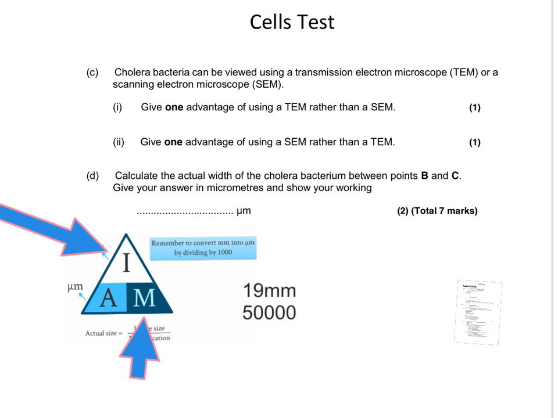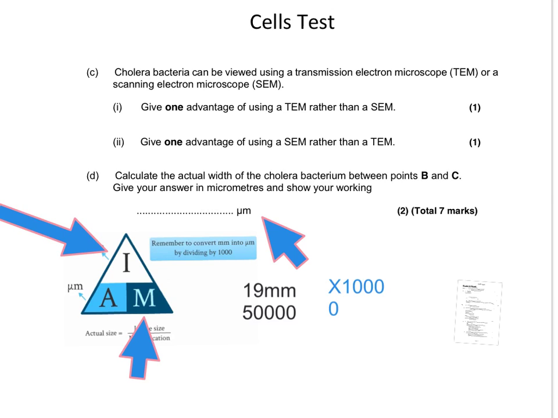But if you look at the question, it does say that it wants you to work it out into micrometers. So you have basically got to times it by 1,000. So you always times by 1,000 if you want to work out micrometers. And in this case, I've got 0.38. So my answer is 0.38.